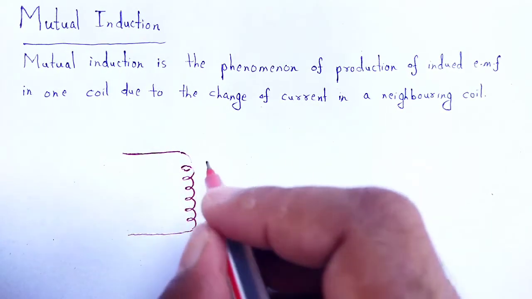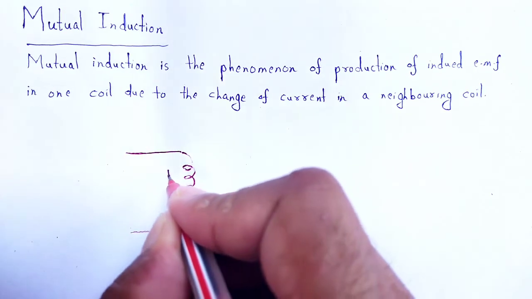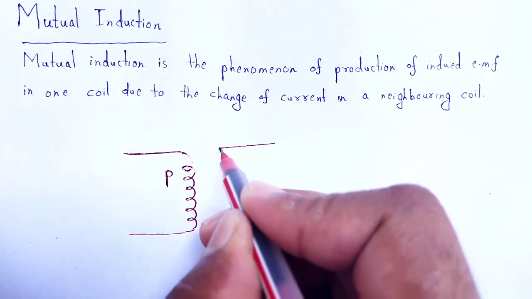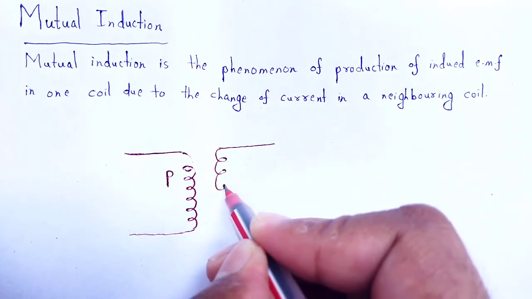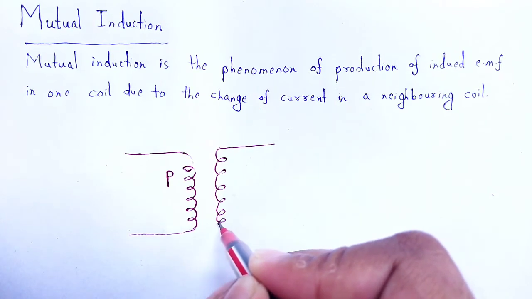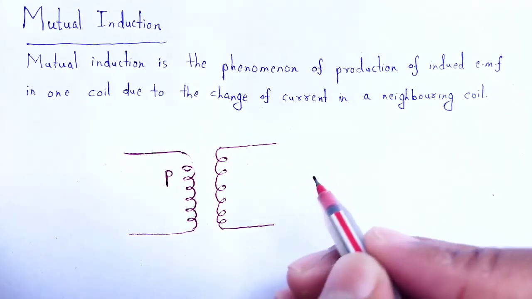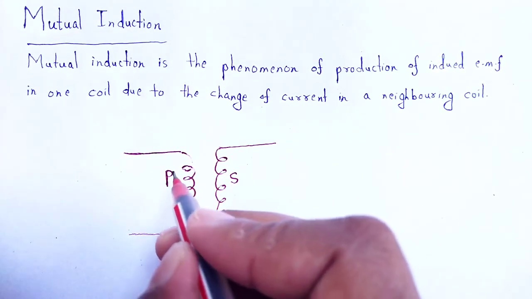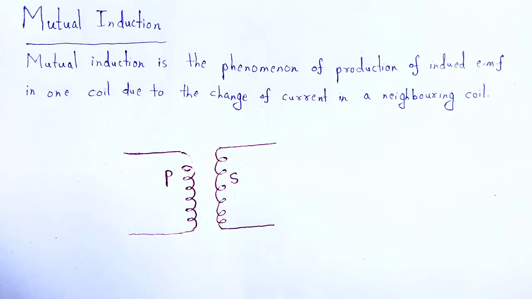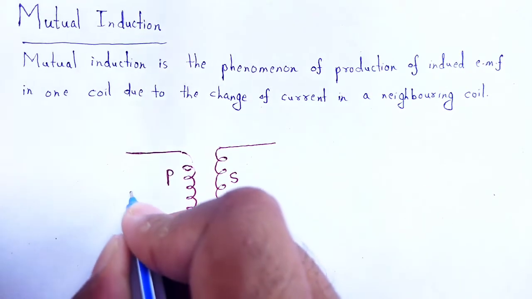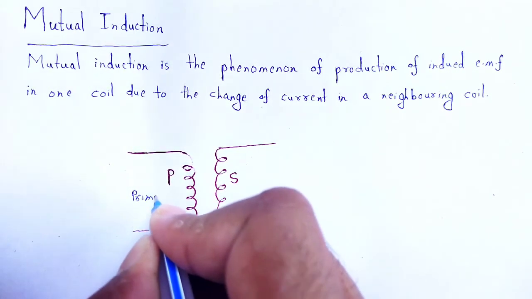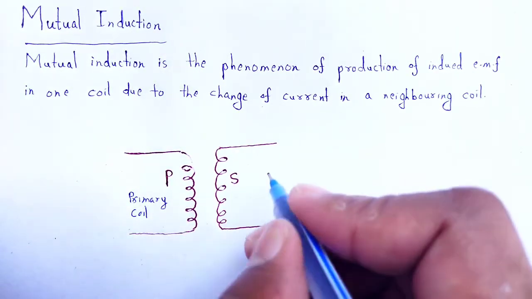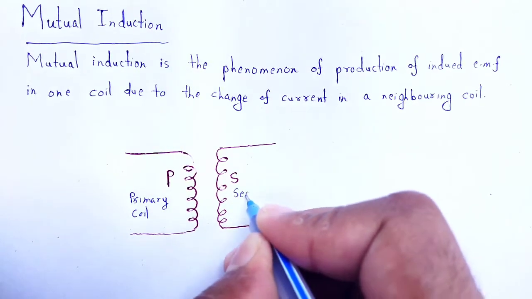One coil named P, called the primary coil, and another coil named S, said to be the secondary coil.